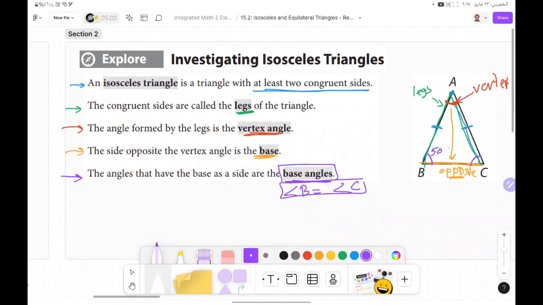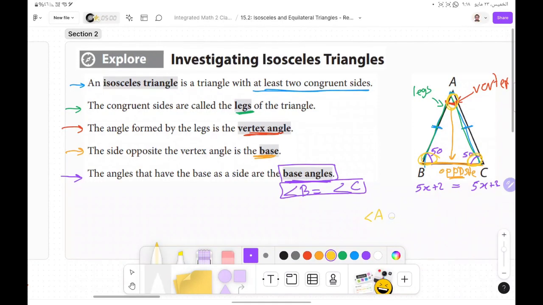If B is 50, then C is 50; if B is 5x plus 2, C should be 5x plus 2. They are equal. Now, to find all the interior angles, this one plus this one plus this one, the summation of the interior angles should be equal to 180.